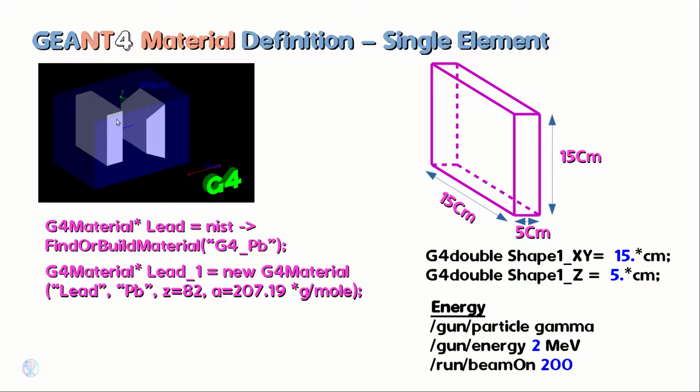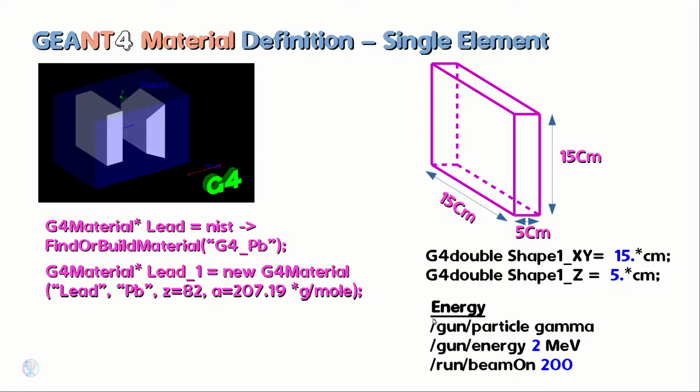Okay, so we will change the material in shape one to be 15 centimeter wide, 5 centimeter long and 15 centimeter high. Okay, so we need to declare how much for the x, y, and z.